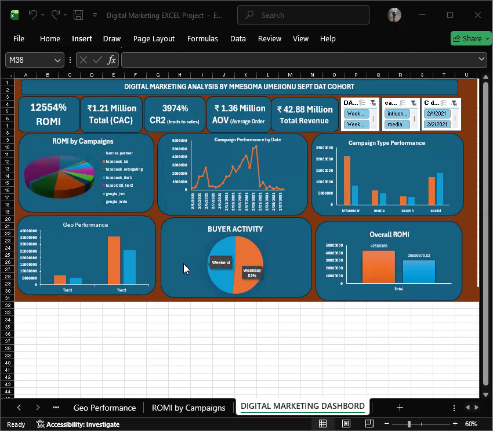This indicates that paid social and partner banner campaigns are the strongest drivers of marketing return.